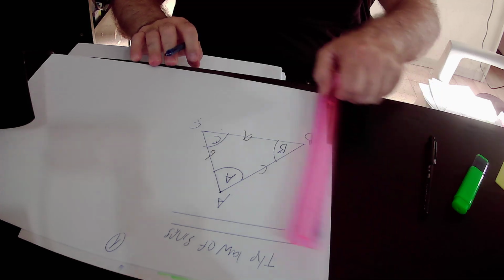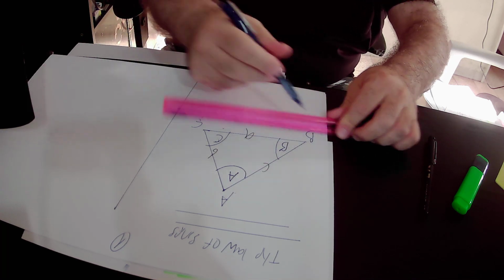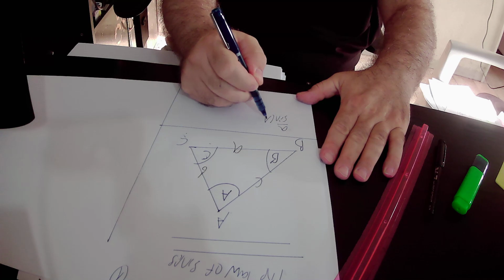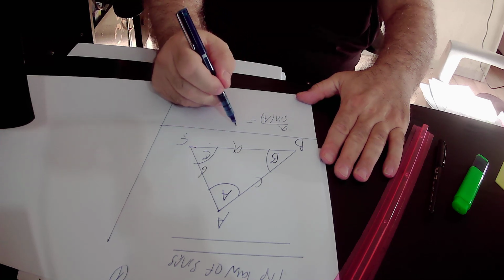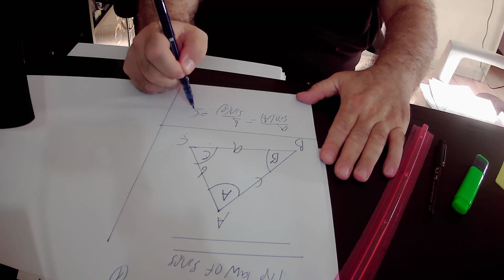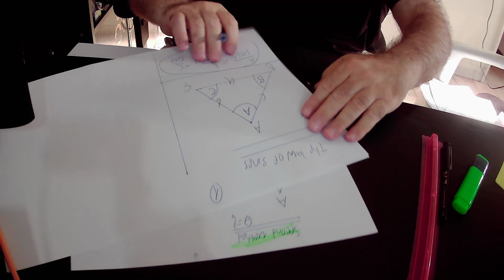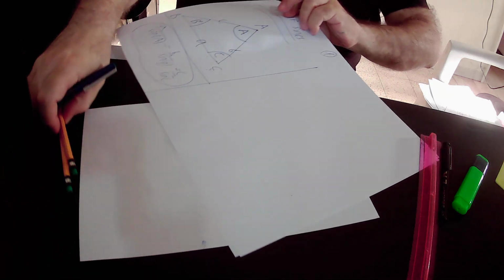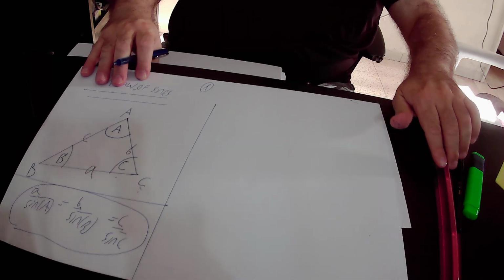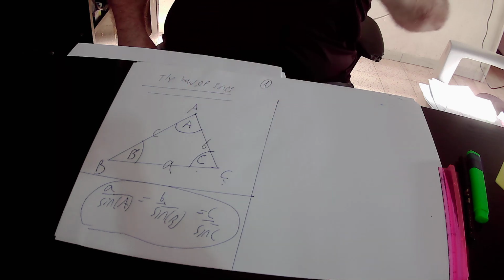So according to the law of sines, a over sine A equals b over sine B equals c over sine C. I repeat again, according to the law of sines, in this triangle ABC, a over sine A equals b over sine B equals c over sine C.